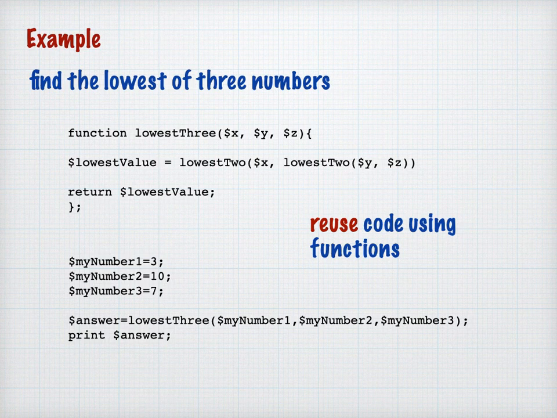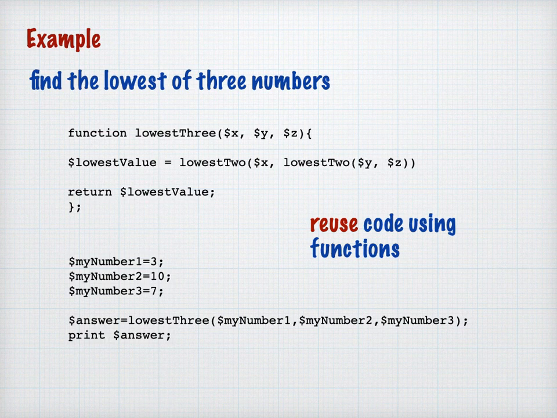So have a look at this definition of lowest 3. And what we're doing here is we're going to reuse the definition of lowest 2. So the lowest value is going to be calculated by using lowest 2 two times. So have a look at the second line.